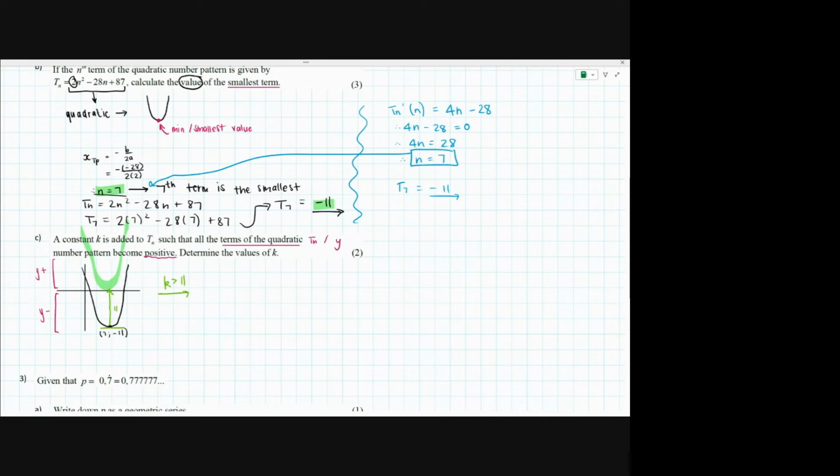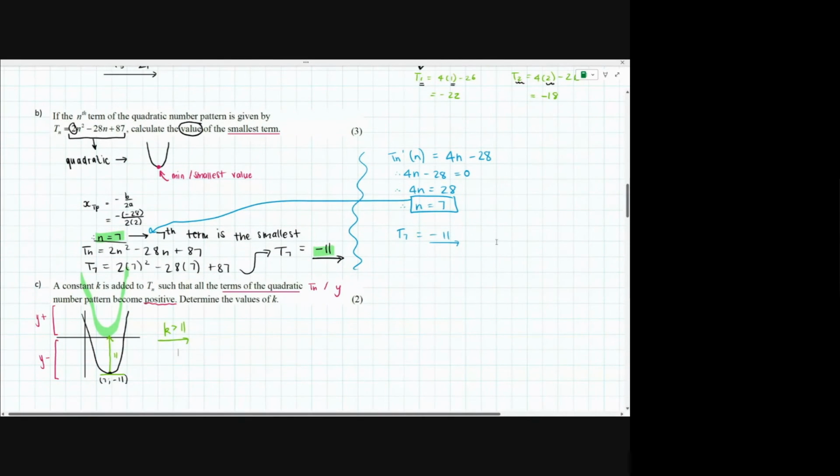Simultaneous equations in algebra and functions. Logs in exponential functions and finance. There is so much overlap and you need to be able to apply your knowledge to a whole bunch of different sections. So even though this is a series or number pattern question, we can apply knowledge that we already have from functions. All right, so k must be greater than 11 because it needs to shift up for it all to be positive.